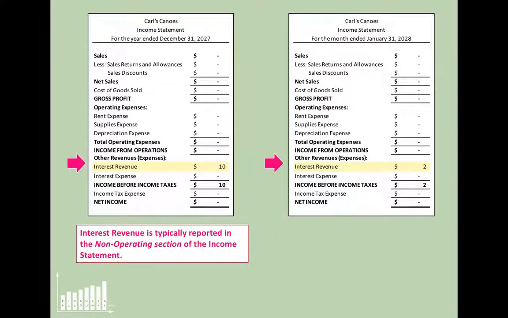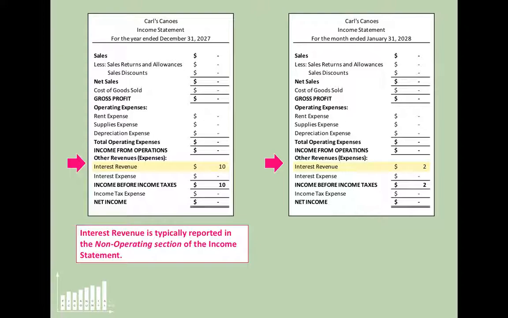What this then does for our income statement is, in the December 31st, 2027 income statement, we're going to have the interest revenue of $10. We earn $10 of the revenue in 2027. In the January 2028 income statement, we're going to see the additional interest revenue of $2.